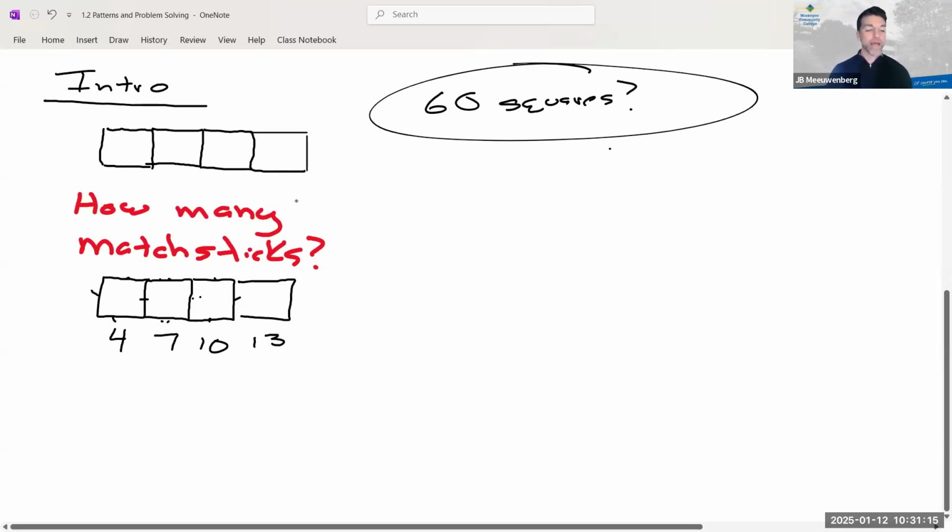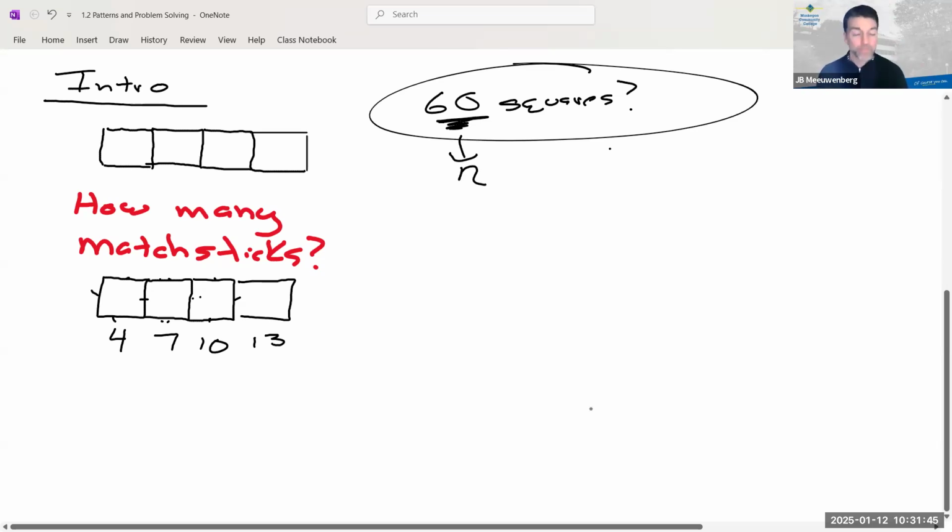Can you come up with a way to observe some pattern where you could predict or calculate without just counting every single one how many matchsticks it would take for 60 squares, or any number, right? Or any number. We'll just call it n, right? Any number of squares. So I suggest you pause and try that problem out on your own.